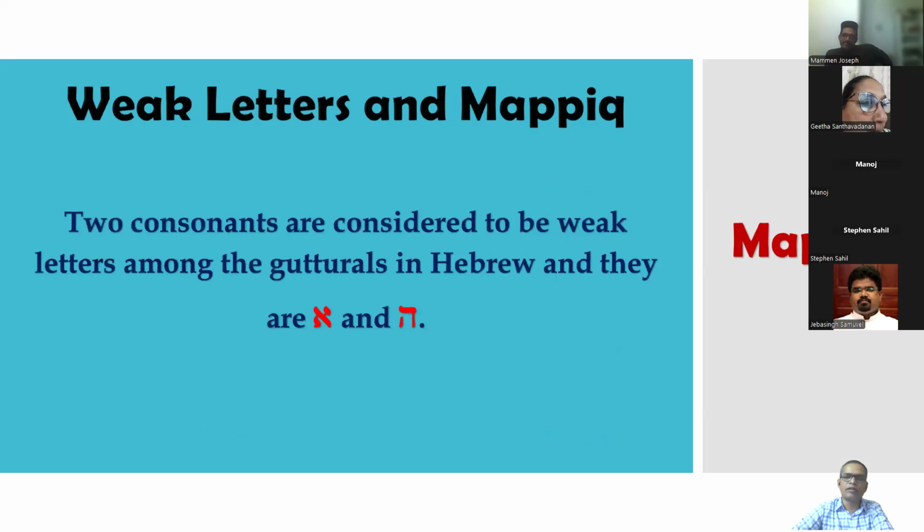And now, the last section of this class. Two consonants are considered to be very weak, that is aleph and he. Even ayin, but it is also a strong guttural, while aleph and he are considered weak letters. When you see aleph in any place, it cannot be read.